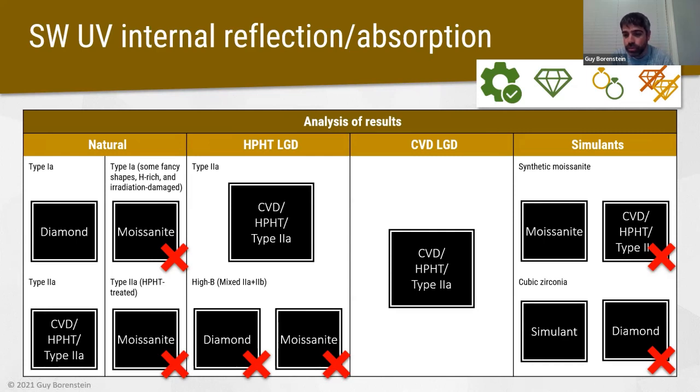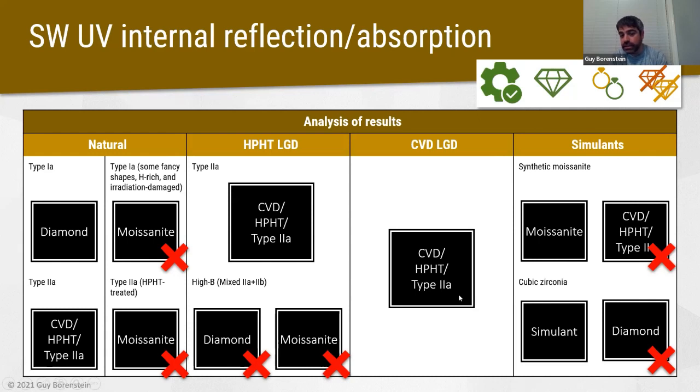It's not new production, but it's becoming more and more prevalent, which is an HPHT that is bearing a lot of boron inside, which changes its crystal defects, making it a kind of mixed type stone. In these cases, we have seen stones that were identified as natural diamond or moissanite. Very, very common.